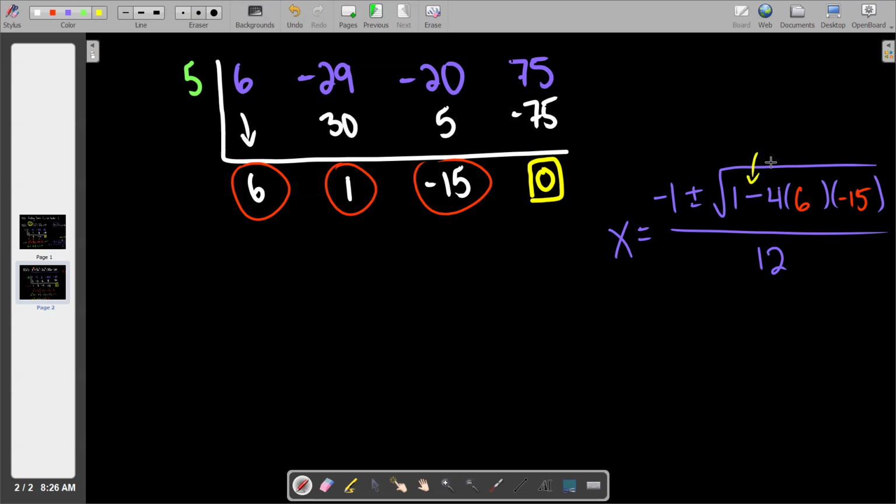The reason you keep seeing so many pluses is because I'm not putting imaginary answers in yet. I don't know if you remember this from our past together. Do you remember what happens if you get a negative number inside of a square root? Yeah, it's imaginary.